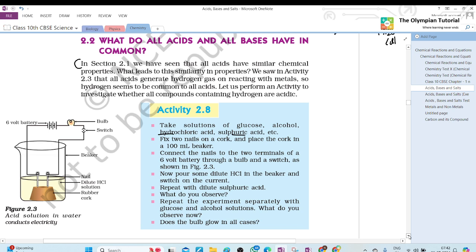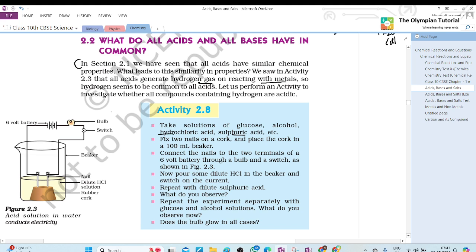Let us perform an activity to investigate whether all compounds containing hydrogen are acidic. Actually, not just having hydrogen, but if they are giving hydrogen ions on dissolving in water, then they will be considered as acids.